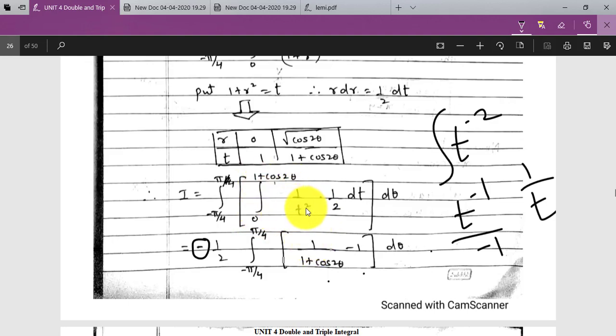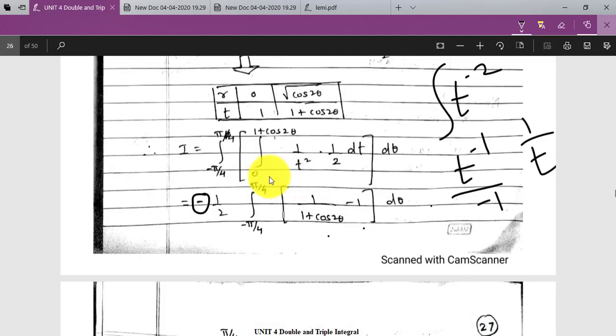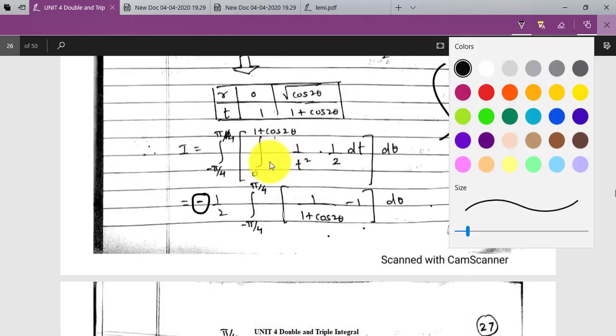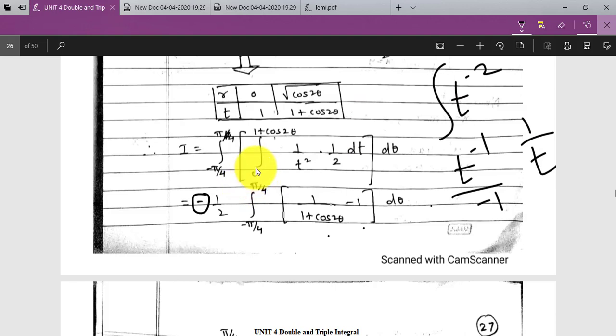So 1 divided by t is 1 divided by 1 plus cos 2 theta, minus the lower limit. Just a minute, no, here actually the value should be, I haven't written it, t, I have written this as it is, it should be 1. Please make the correction.